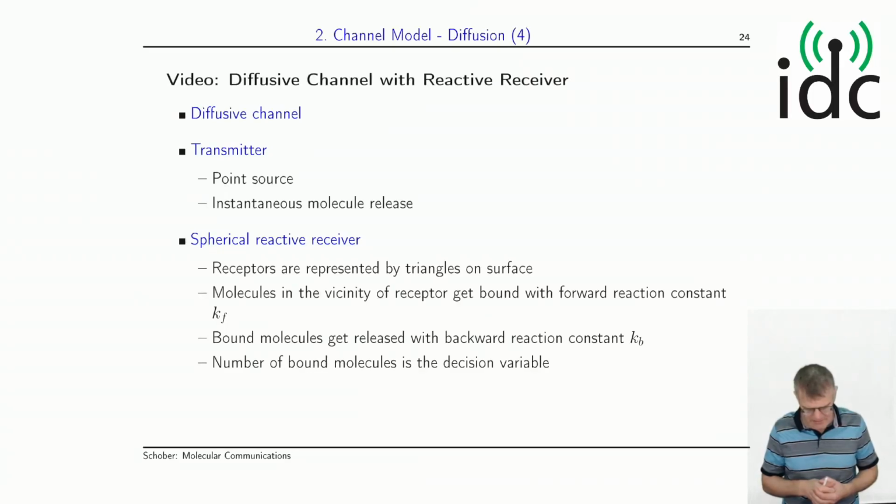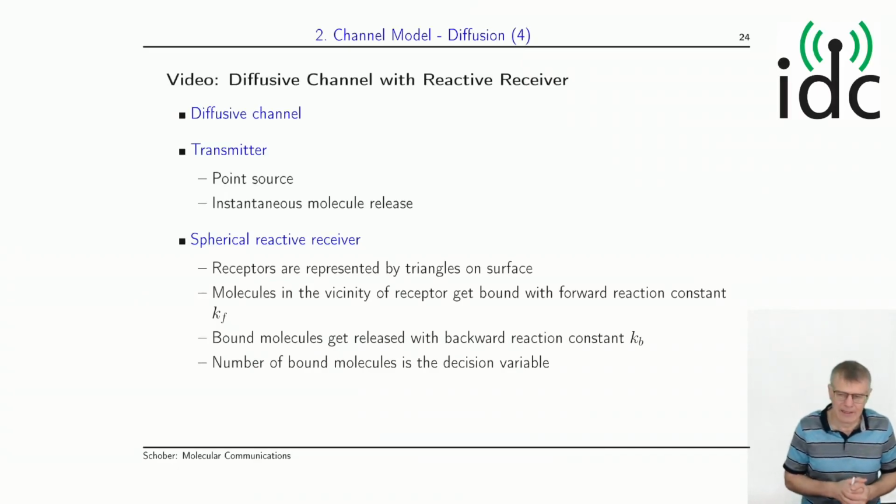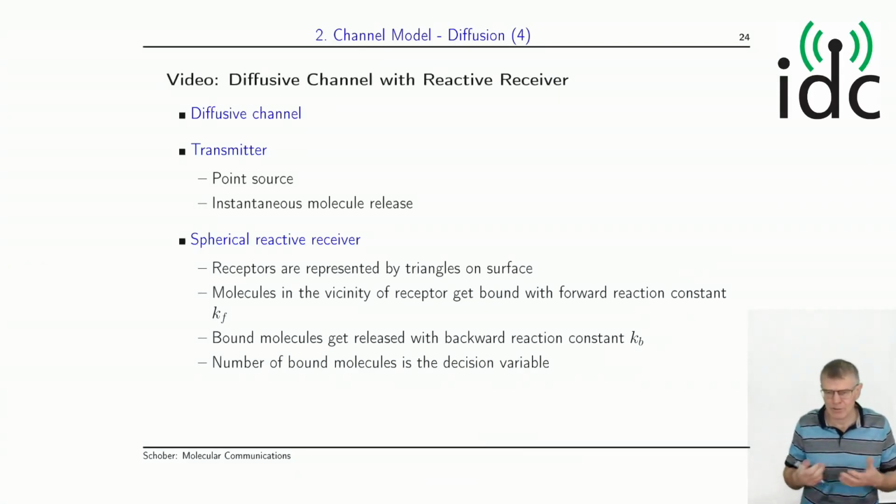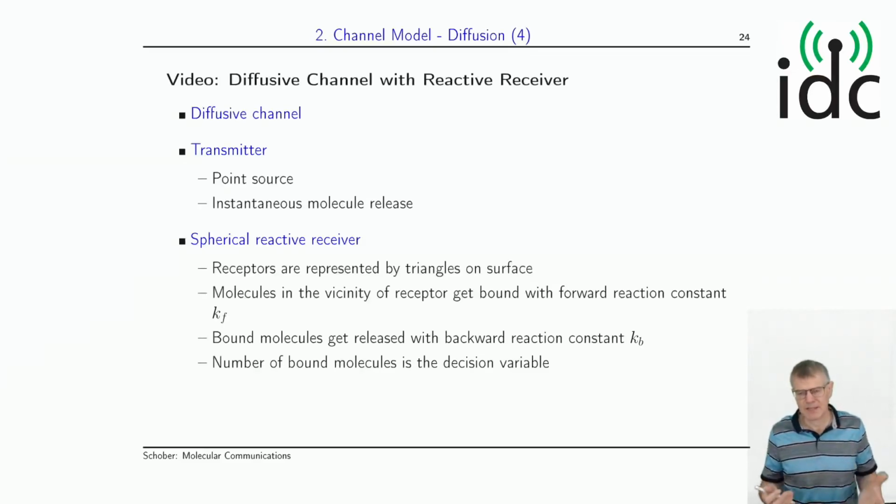And our cell is a sphere which has receptors on its surface. We model these receptors for simplicity as triangles. And if a signaling molecule hits one of these triangles, or one of these receptors, then it gets bound to the receptor with a certain probability, which is specified by a so-called forward reaction rate constant.